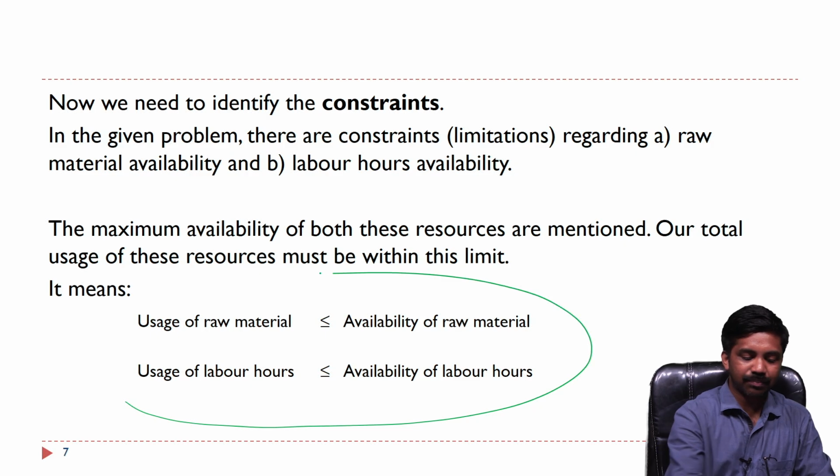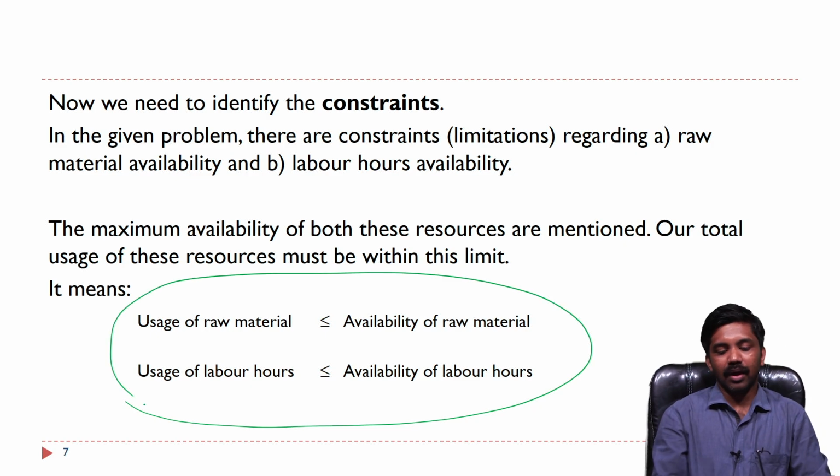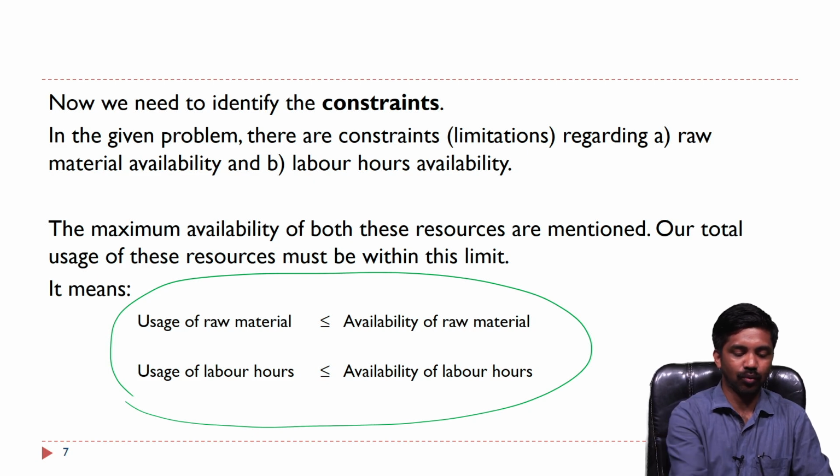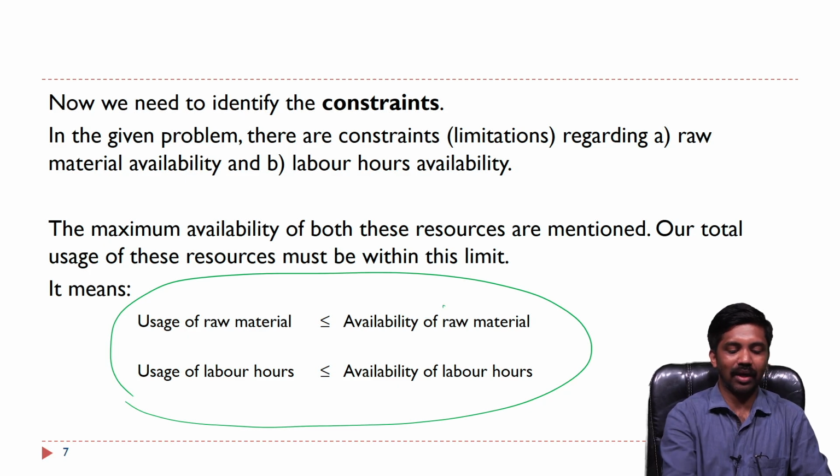So, I can express my constraints regarding raw material and labor hours like this. On one side it will be the usage of raw material, which should be less than or equal to the availability of the raw material. The left hand side is the usage and the right hand side is the availability.